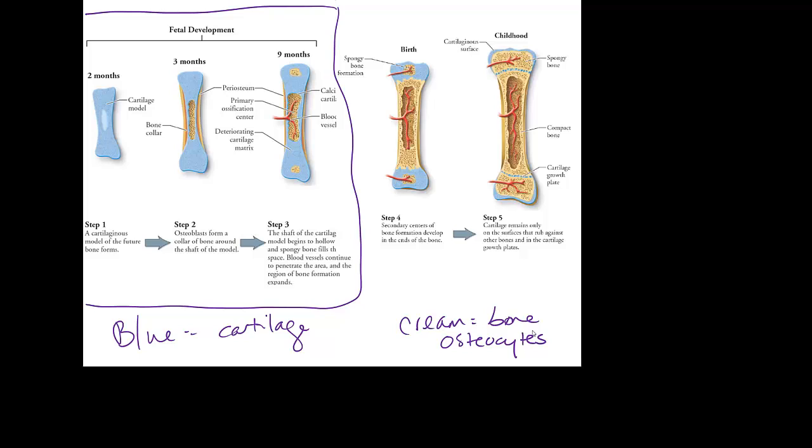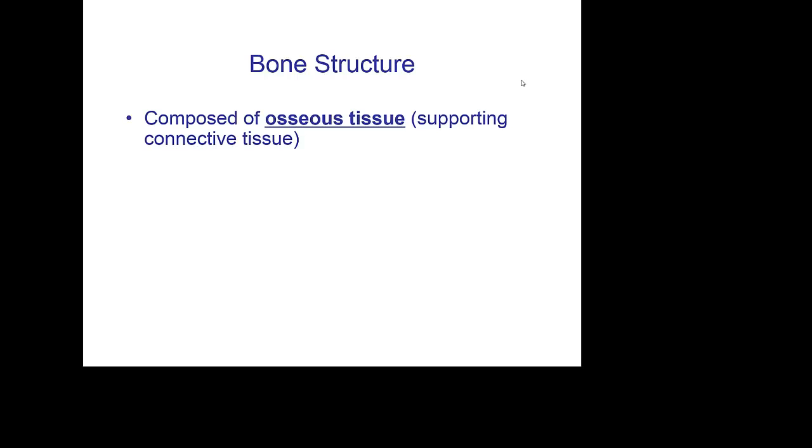So as we go through childhood, we see less and less of that blue, but you notice the growth plates remain. And these will remain until you reach complete growth stages. So when you finally stop growing, that's when we look at all of that cartilage turning into and being calcified into what we know as osseous tissue or osteocytes.